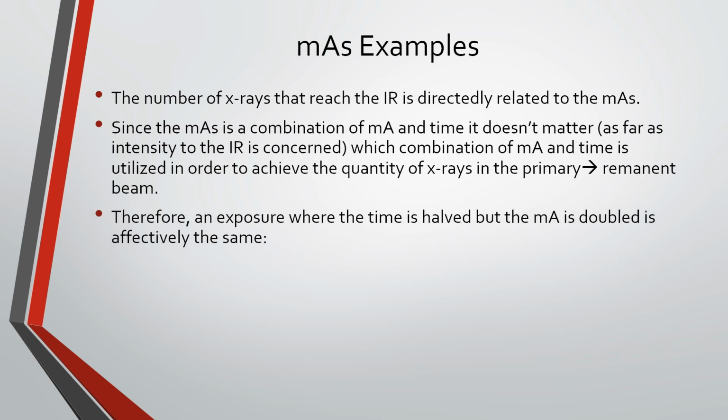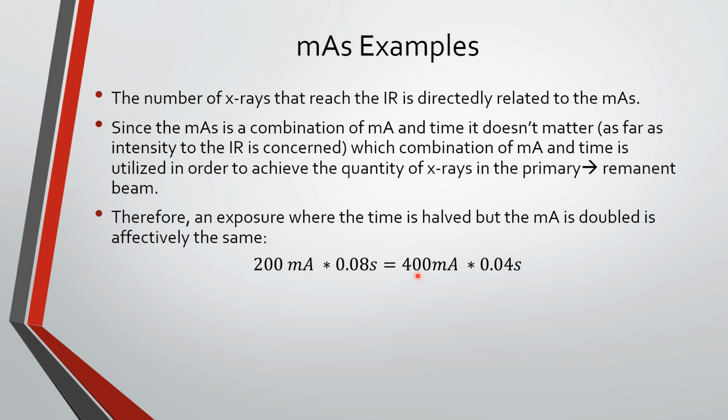Therefore, an exposure where the time is halved but the MA is doubled is effectively the same as the original exposure, where the time started out as it was and the MA was half. And this is an example of that right here. So we have 200 MA set, and it's at 0.08 seconds, which is also 80 milliseconds.